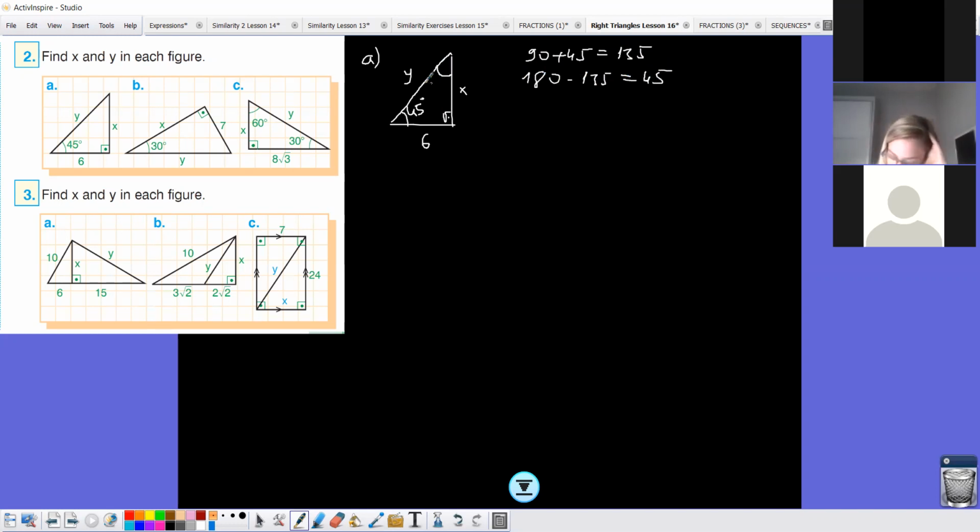So if two angles are the same, it means that this triangle is an isosceles triangle. So as you said, Ermal, if we have an isosceles triangle, two sides are the same. Which ones will be the same here? 6 and x, teacher. So directly we can find that x is equal to 6, yes? Yeah.